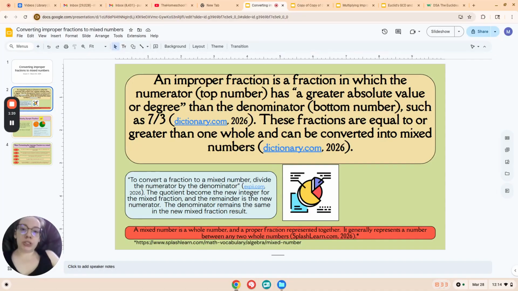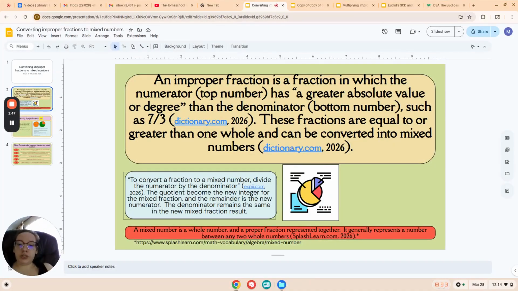An improper fraction is a fraction in which the numerator, the top number, has a greater absolute value than the denominator, the bottom number, such as 7/3. These fractions are equal to or greater than 1 whole and can be converted into mixed numbers.